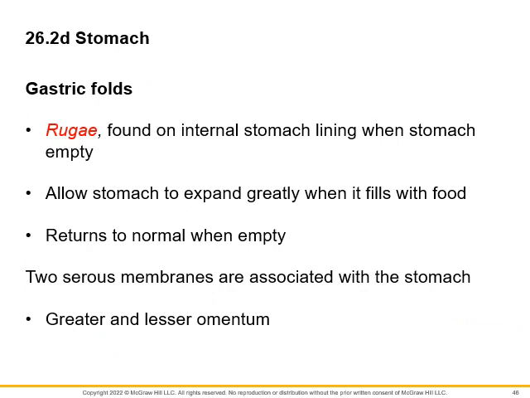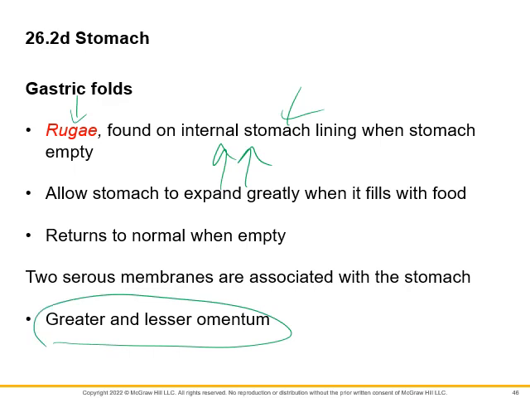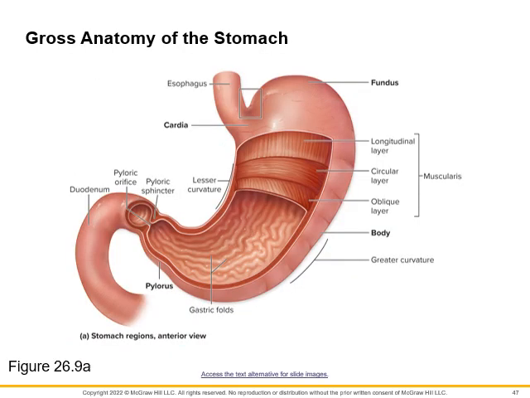Inside the stomach, you're going to see rugae. These are gastric folds. They're on the lining of the stomach when the stomach is empty, and they allow for expansion. They return to normal when empty. Remember, we also have greater and lesser omentum. So in bold are all of the regions.